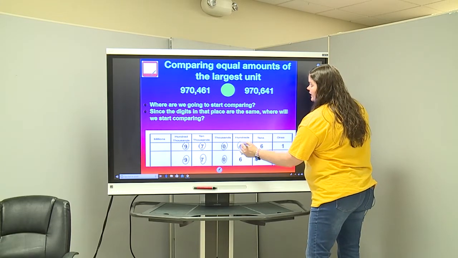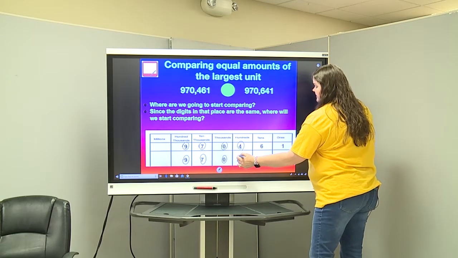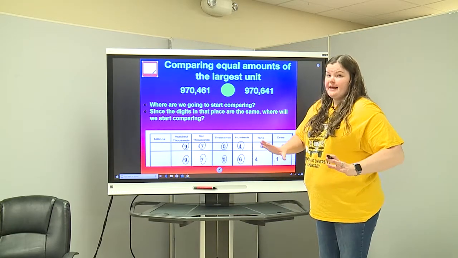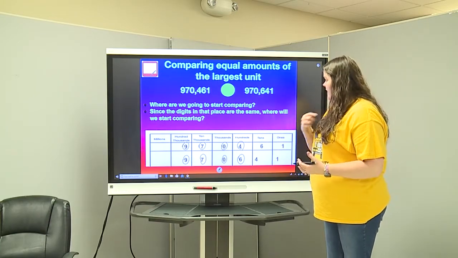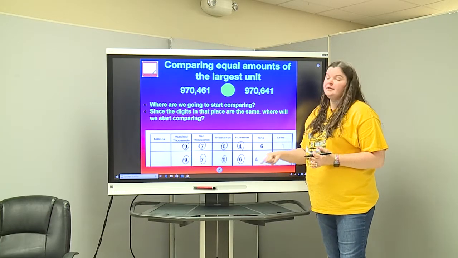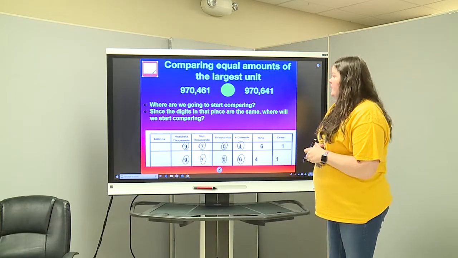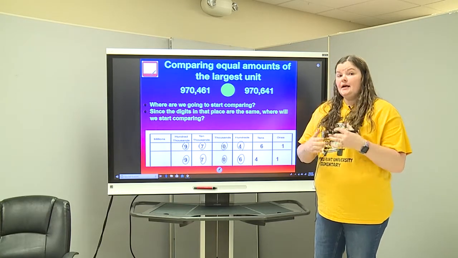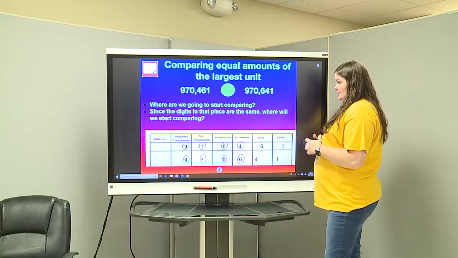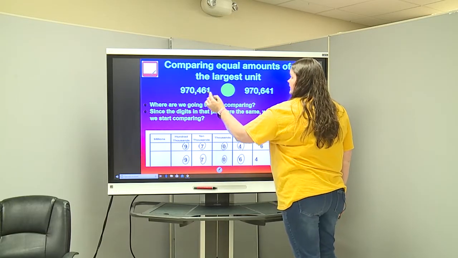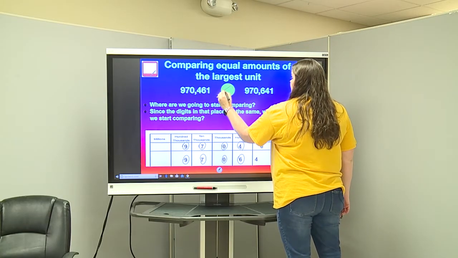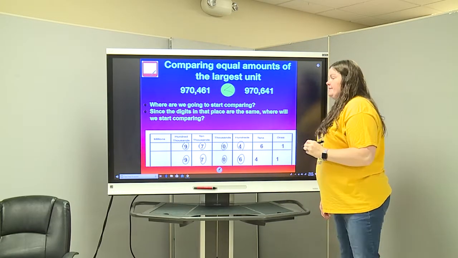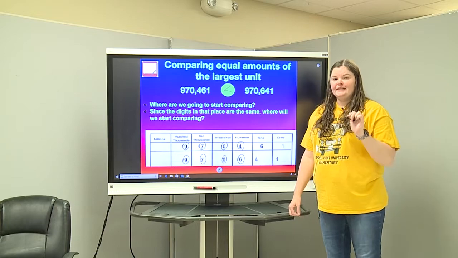I have 4 hundreds compared to 6 hundreds. I see that's where they became different digits. I know that 6 hundreds is going to be larger. So 970,461 is less than 970,641.